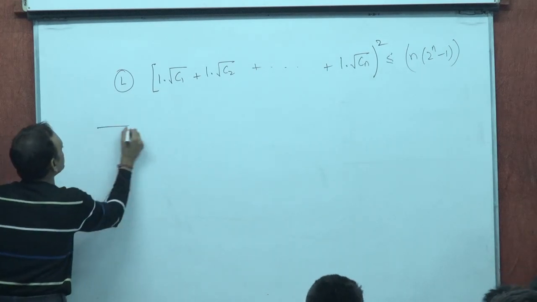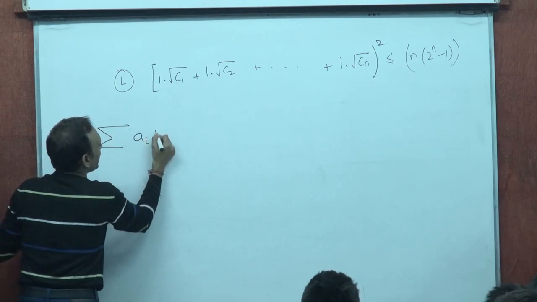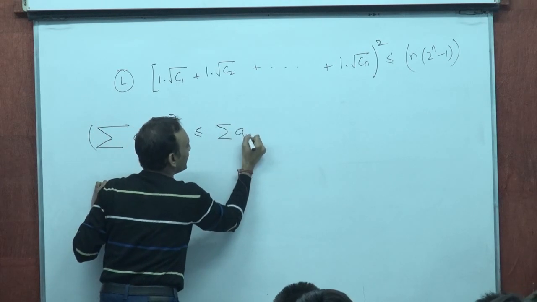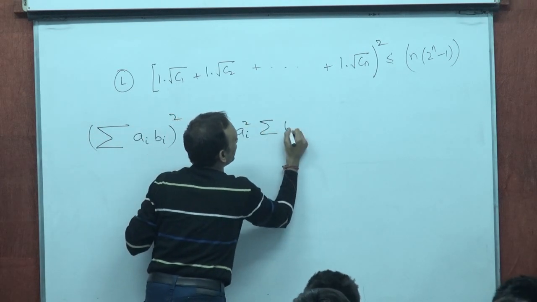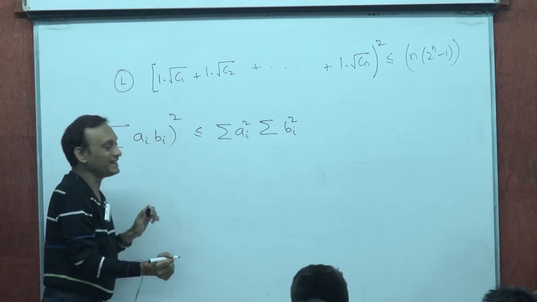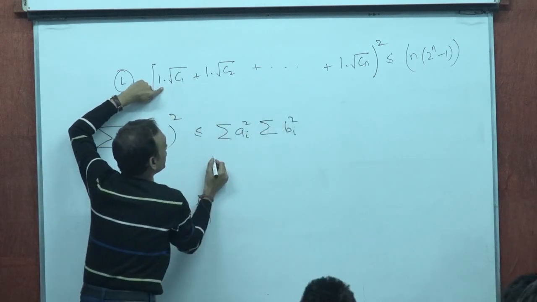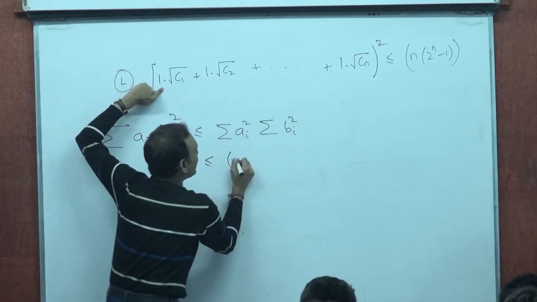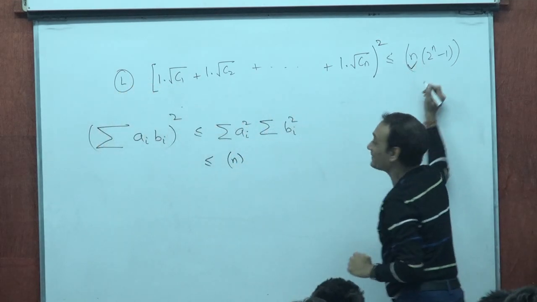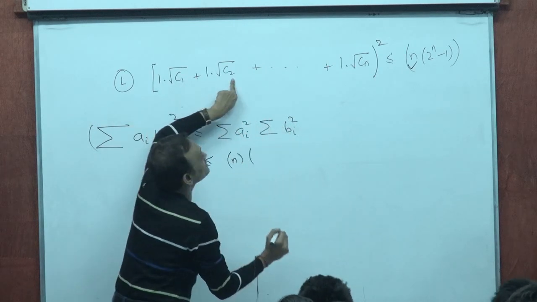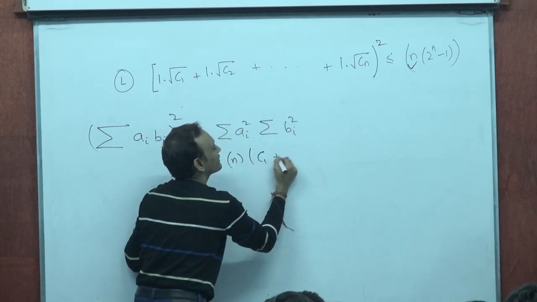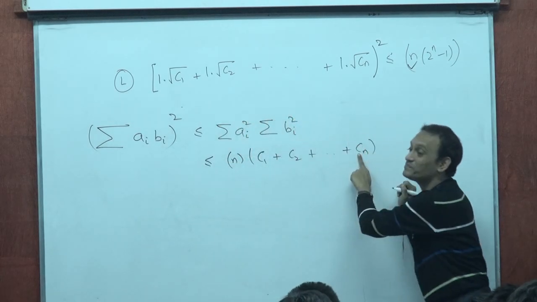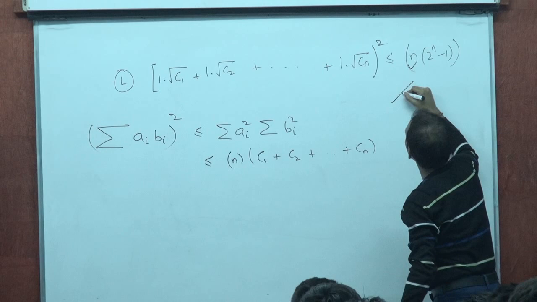Summation aibi whole squared is less than or equal to summation ai squared into summation bi squared. So this is less than or equal to 1 plus 1 plus 1, which is n, and then into C1 plus C2 plus Cn, which very clearly is 2 to the power n minus 1. So this is true.